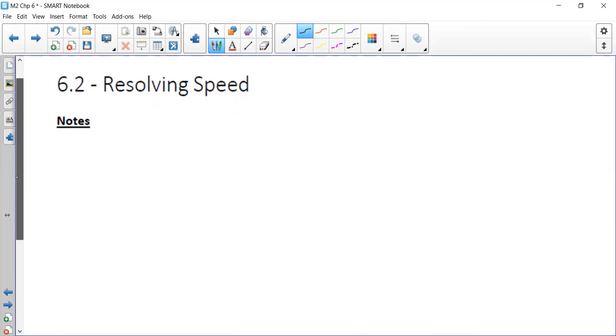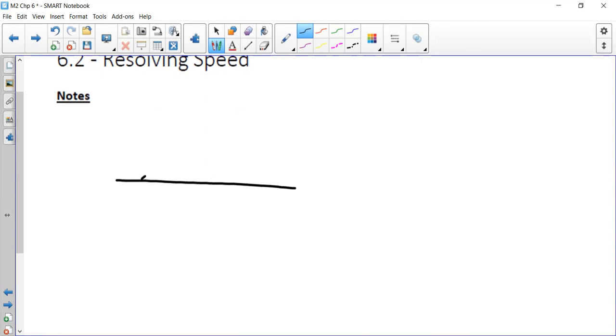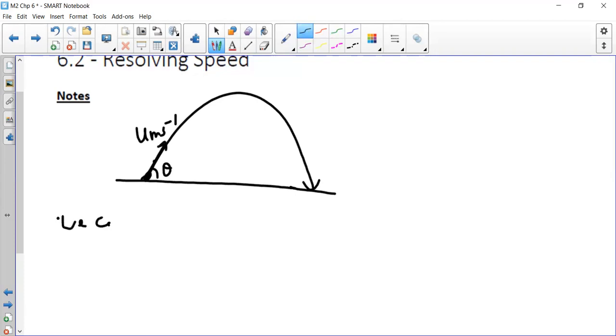Suppose we have a projectile like this. This time we are shooting upwards like a rocket, and it comes back down. We have U meters per second going upwards that way, at an angle theta. So what we can do is resolve the speed, which is U meters per second here.